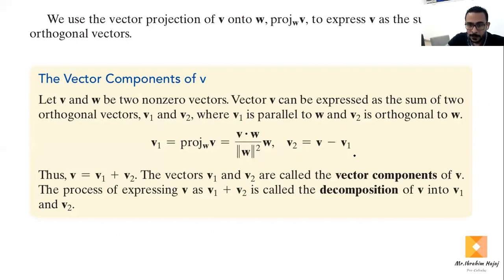So V equals V1 plus V2, and V1 and V2 are the vector components of V. The process of expressing V as V1 plus V2 is called decomposition of V into V1 and V2.